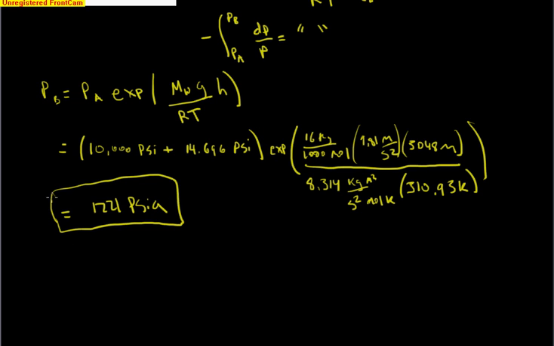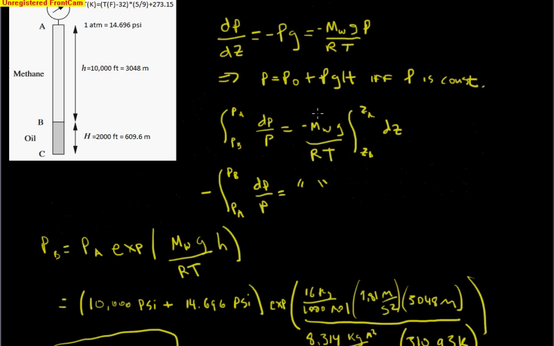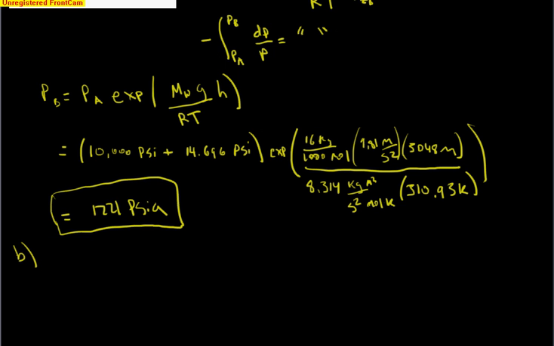But in part B, it's a lot simpler because the oil is incompressible, which means that the density is constant, which means that I can use this derivation right here. So we just know that the pressure at point C is going to equal pressure at point B plus rho GH. So let's go ahead and do that real quick and finish up the problem.